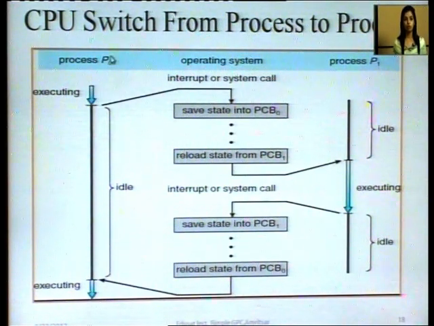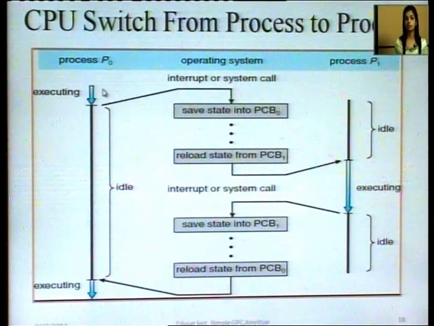Here there are two processes going to execute, P0 and P1, and those processes are managed by the operating system. Process 0 is going to execute by getting its time sharing and time slice. In this time slice it executes, then an interruption is called, and another process wants to execute.